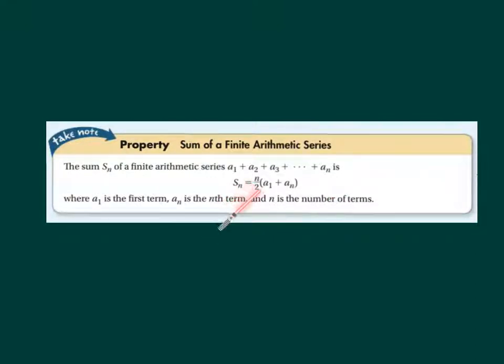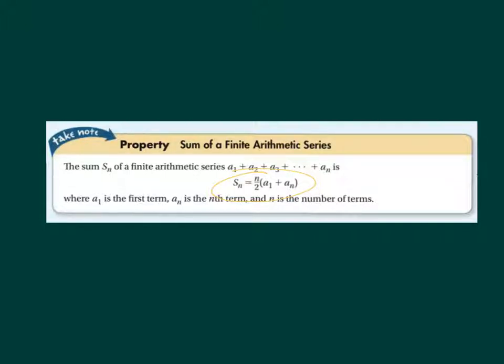Sn is n over 2 times a1 plus an, where a1 is the first term, an is the nth term, and n is the number of terms. So we are going to be using this formula a lot. To the point that once you've gone through today and you've done the homework and stuff, this is one that most of you will probably have memorized without even trying to memorize it. You'll have just used it so much.